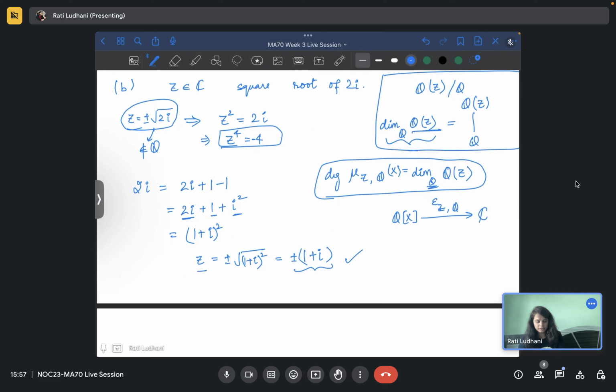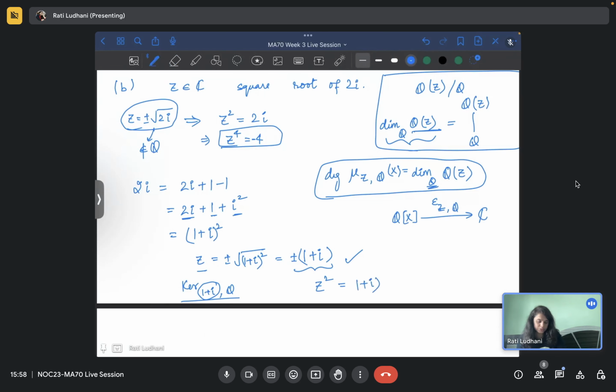Let's try to find some element in the kernel of 1 plus i comma Q. I really want to talk about just the plus part. You just square it, so what will you get? You will get 2i, as we did. So (1 plus i) square is 2i, right?